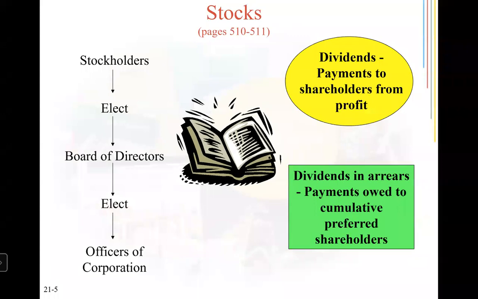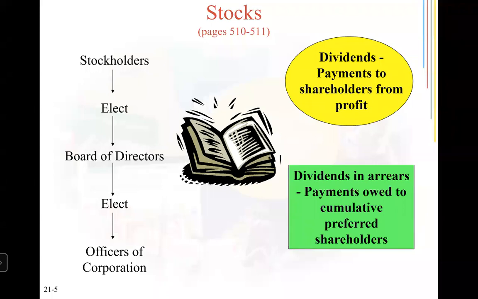Okay, so I mentioned earlier that each year we have an annual general meeting for companies that have shareholders. So at the AGM, the stockholders elect the board of directors, and also officers of the corporation are elected.